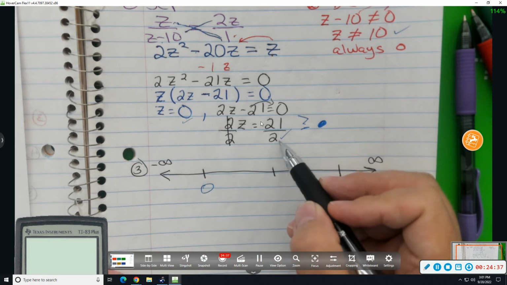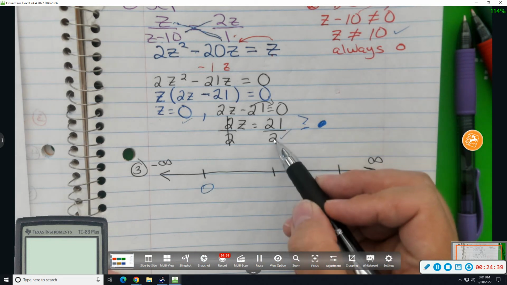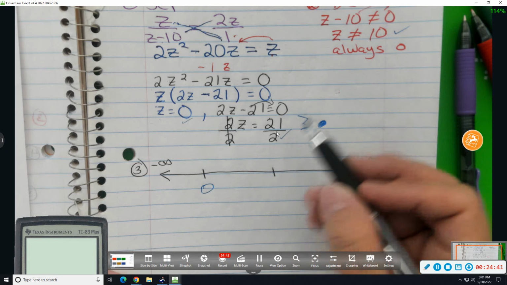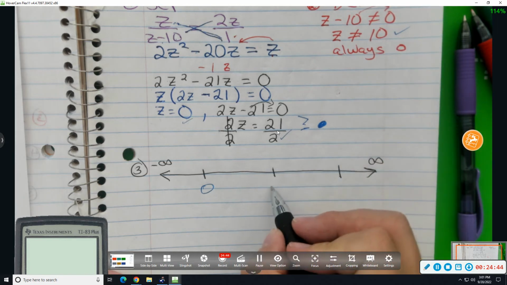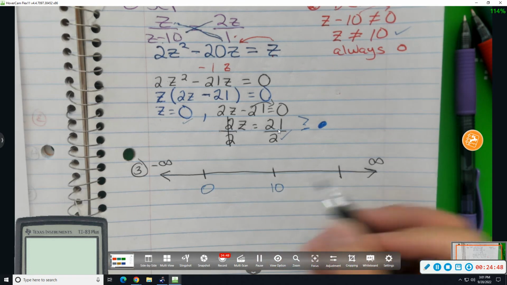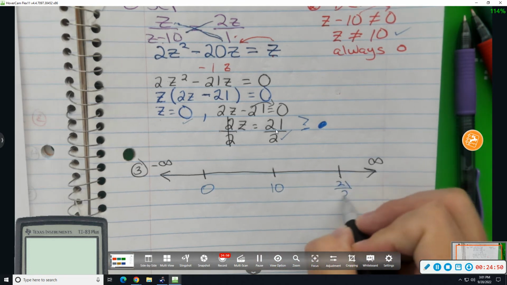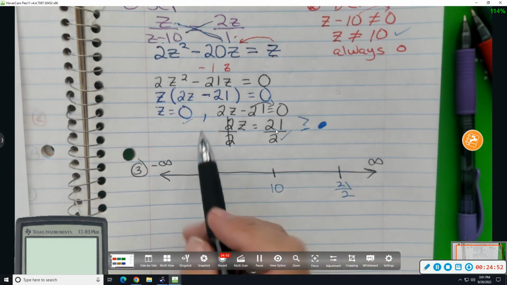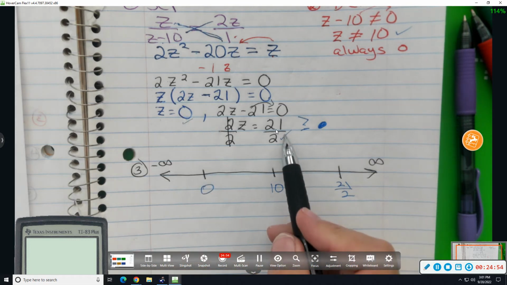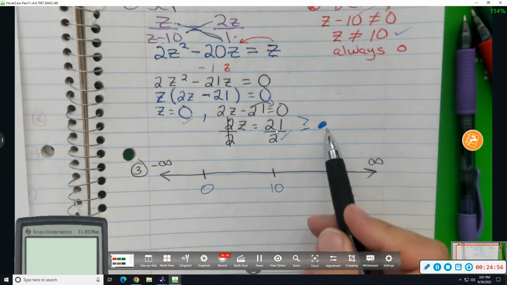Now, 21 over 2, 21 halves, that's 10 and a half. And we have 10. Which one goes next? 10 or 10 and a half? 10, and then 21 halves. And 0 and 21 halves would be labeled how?